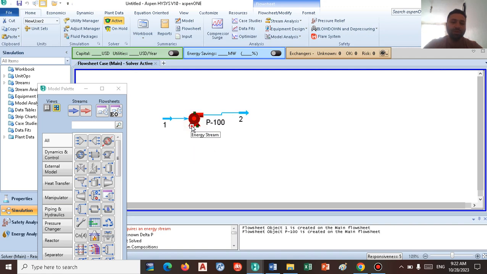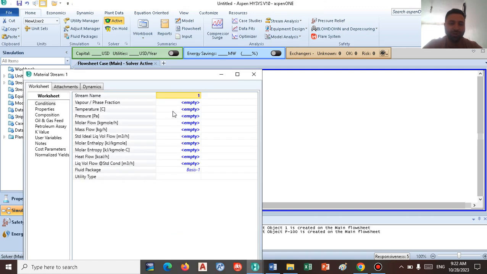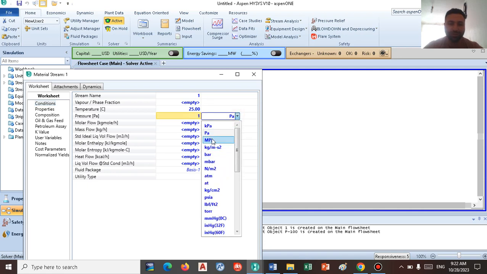We need an energy stream to run the pump as well, so let's define the properties. I would consider 25 degrees C for the water inlet and 1 atm as the pressure.